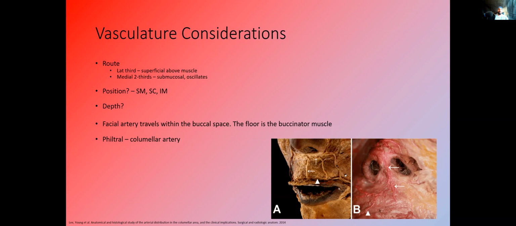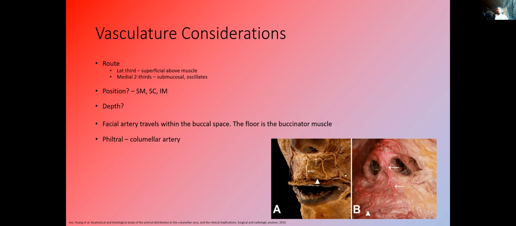One of the branches, especially for the top lip, is the superior labii artery. As soon as it branches off the facial artery, the lateral third is above the muscle. Then it goes beneath the muscle and weaves in and out in the medial two thirds. That's very important to know. Then we need to consider the position, because it does vary.